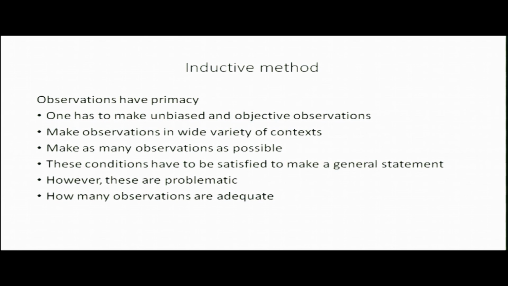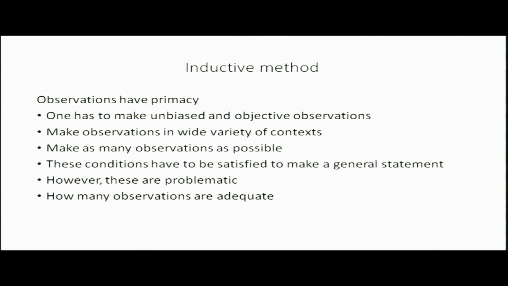In the inductive method, as in the positivist method, observations have primacy. One has to make unbiased, objective observations, make observations in a wide variety of contexts, make as many observations as possible. These conditions are to be satisfied to make a general statement.